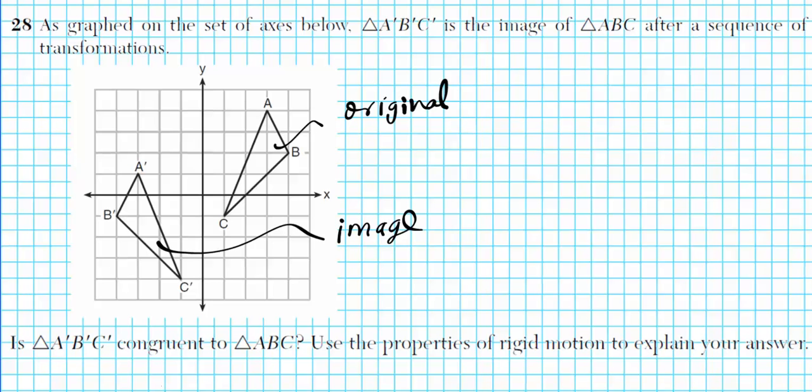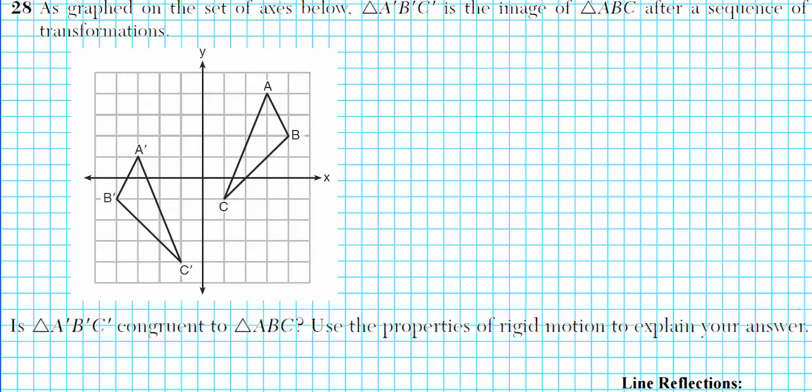The question: is triangle A'B'C' congruent to triangle ABC? Use the properties of rigid motion to explain your answer. So the question is, is the sequence of transformations here an isometry? Were the lengths of the dimensions of this original figure preserved under the transformations that happened?